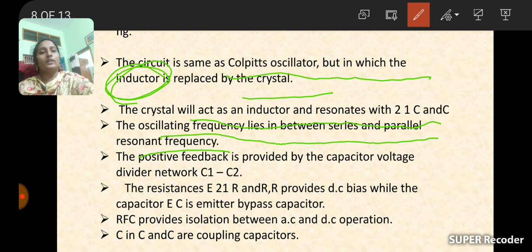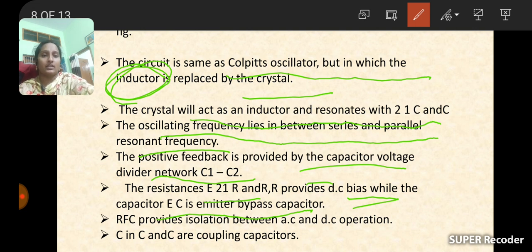The positive feedback is provided by the capacitor voltage divider network C1 C2, and the resistances R1 R2 provide DC bias, while the emitter bypass capacitor CE provides a low reactance path to the signal, and the RFC provides isolation between the AC and DC operations.